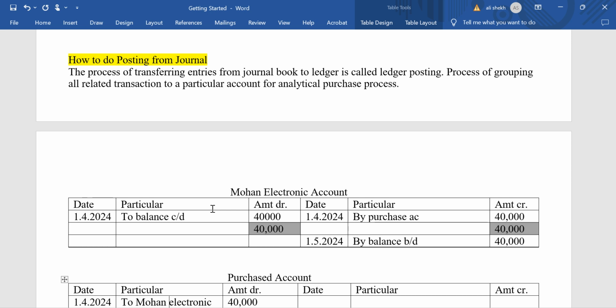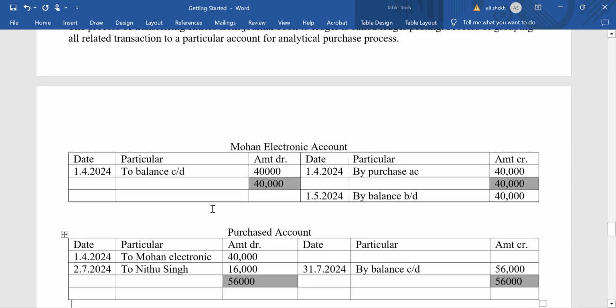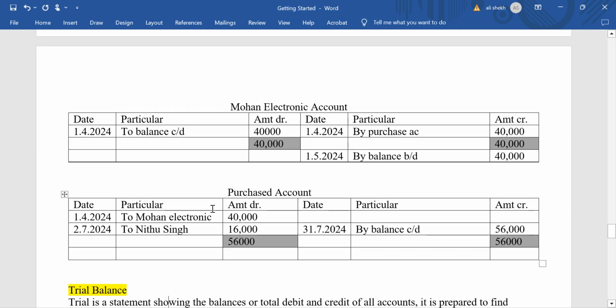We have paid the cash for the purchase. By purchase we will record 40,000 and closing balance we will record as balance c/d.